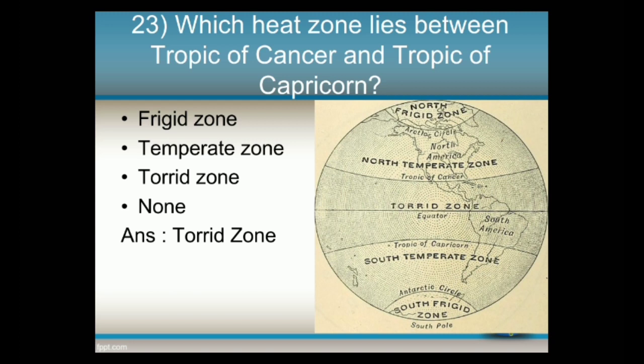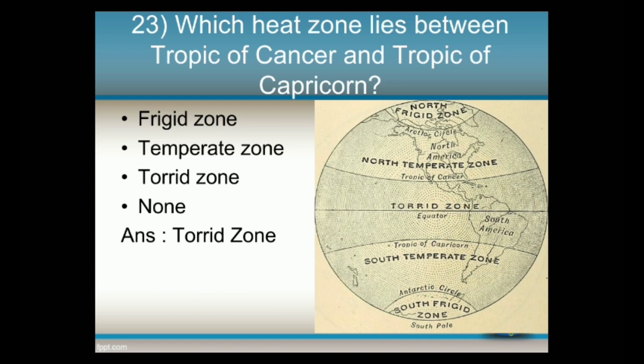It is between Tropic of Cancer and the Arctic Circle in the north and between Tropic of Capricorn and the Antarctic Circle in the south. This area have moderate temperature as the angle of the sun's rays goes on decreasing towards the poles. Next is the area lying between Arctic Circle and the North Pole in the northern hemisphere and between the Antarctic Circle and the South Pole in the southern hemisphere are the frigid zones.